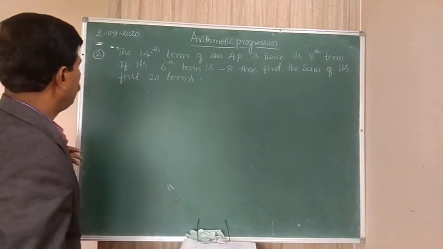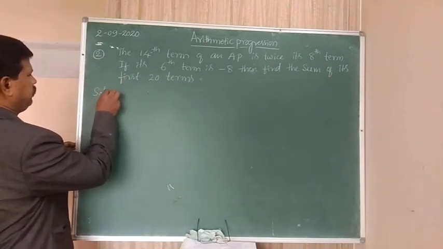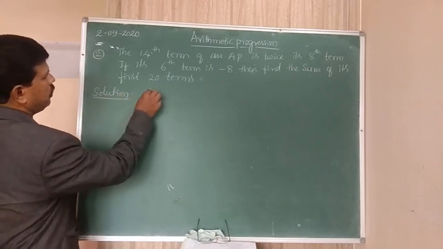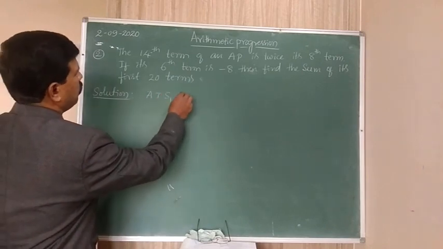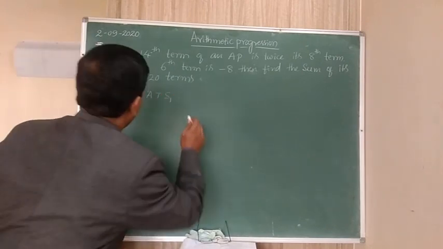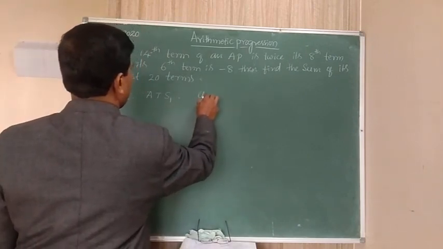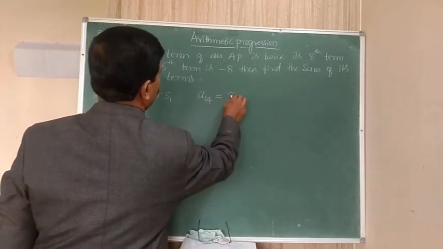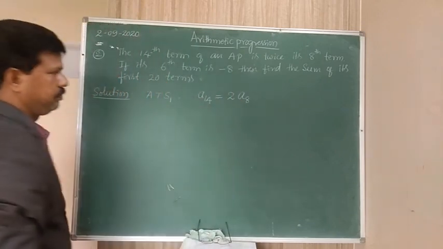Okay. Now first one, solution according to statement 1. What is given? The 14th term of an AP, A14, is equal to twice A8.